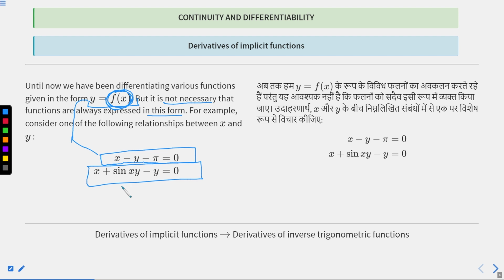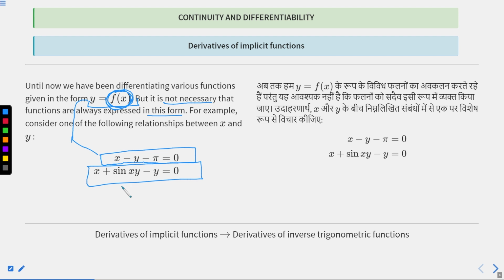So the second form, which has x and y both together, those forms we call implicit functions.